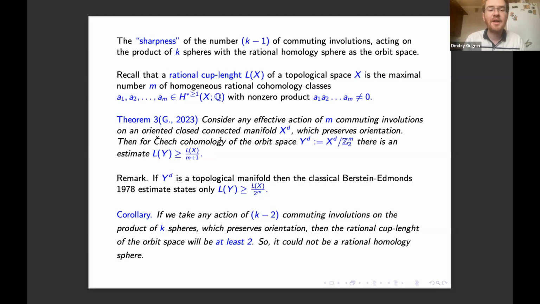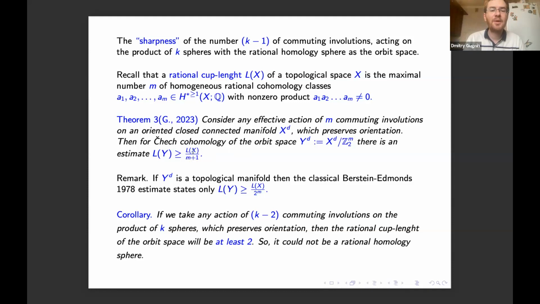But here we have a very particular case, when we have m commuting involutions on a manifold. This estimate is much easier to prove than the estimate of Bernstein-Edmonds, but it is stronger, of course.